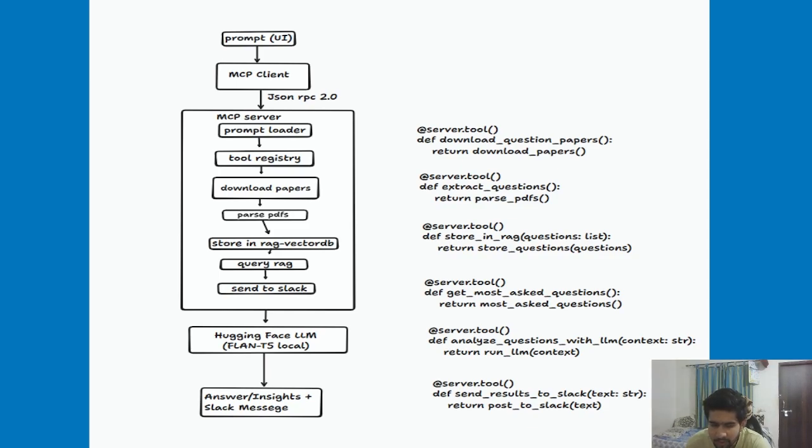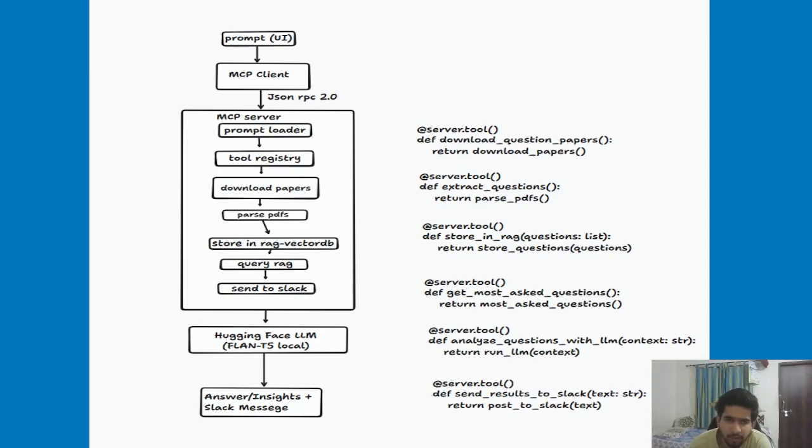So we are making a student question paper retrieving system where if we upload our question paper, we get the questions which were asked the most in that particular year, or in a few years if you want to track it. We can get that information using this server.